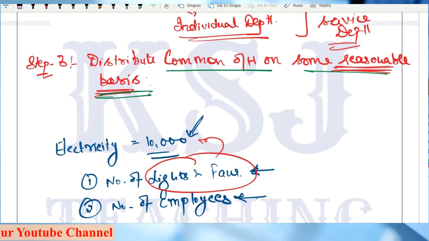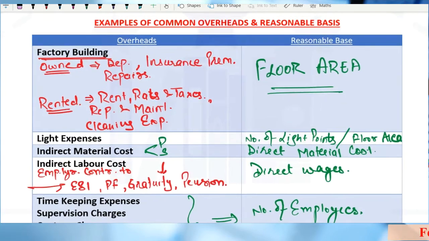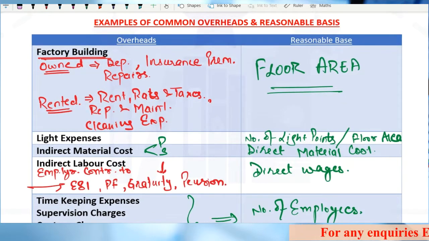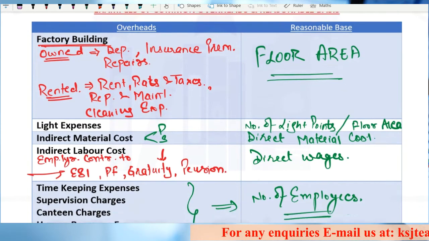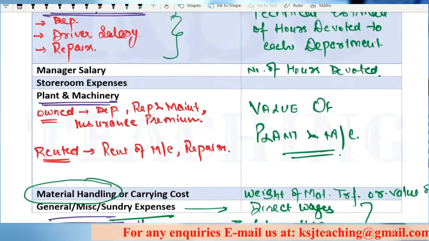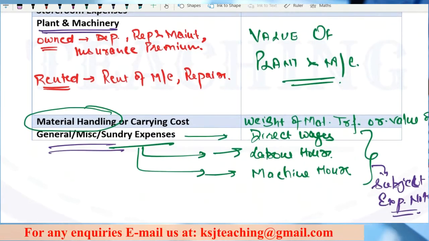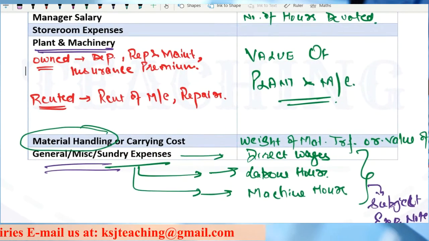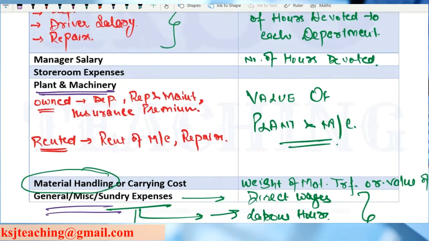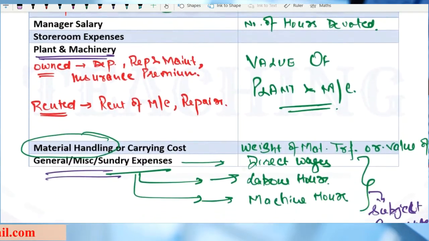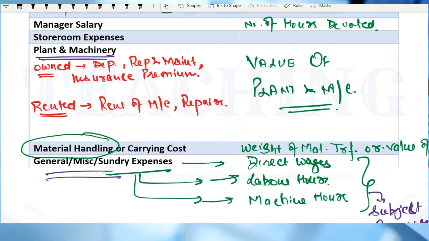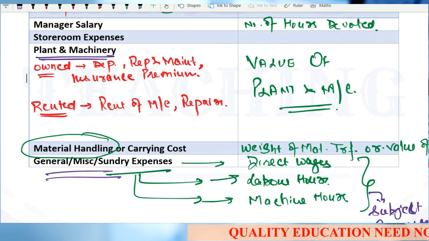For this, we took some examples of common overheads on a reasonable basis. I hope you have gone through it carefully. All those having the handbooks, everything is given there, nothing to worry about. Just make small additions wherever you want to write something extra for your understanding and knowledge.